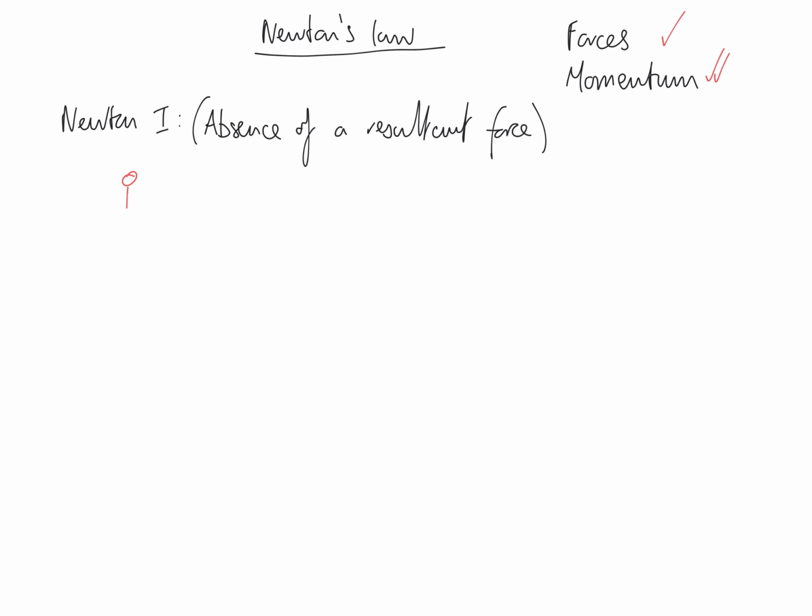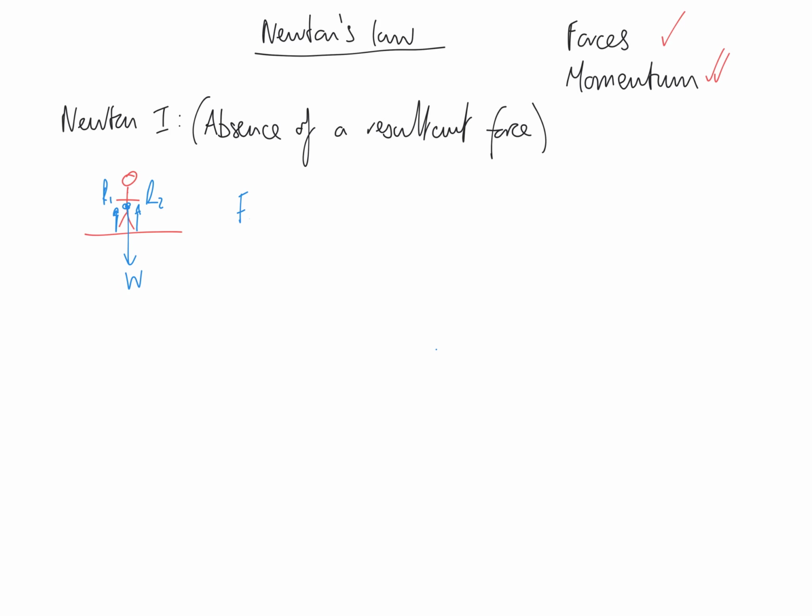Let's imagine I've got somebody standing on Earth there, and we definitely know that there's weight associated with them, and we also know that there is a reaction force on their feet. Let's call it R for reaction. Reaction 1 and reaction 2, one on each foot.